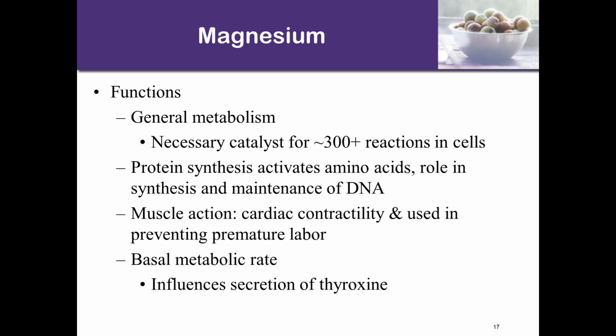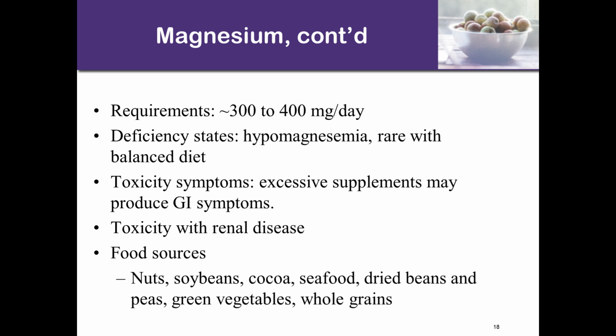That's why you use magnesium ion in pregnancy, so that premature labor is reduced or prevented. Basal metabolic rate: it influences secretion of thyroxine. The requirement of magnesium ion is 300 to 400 mg per day.